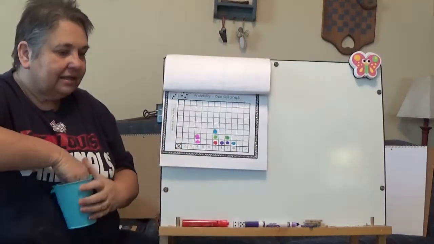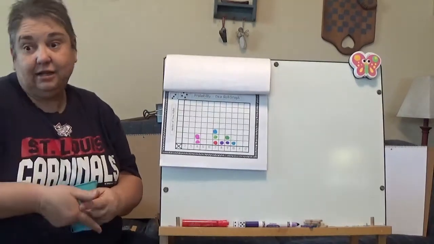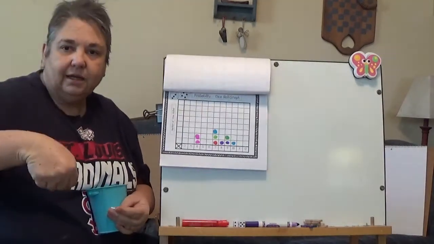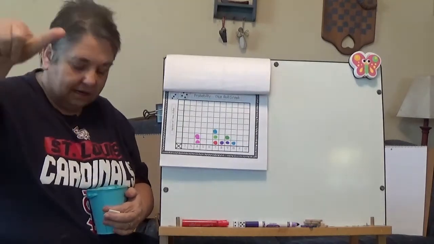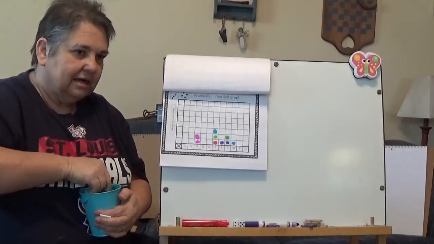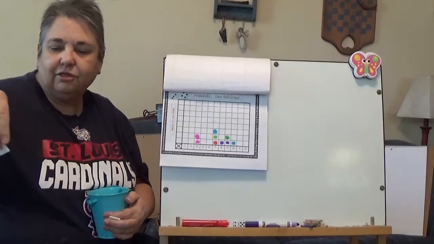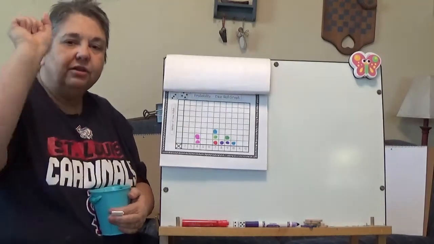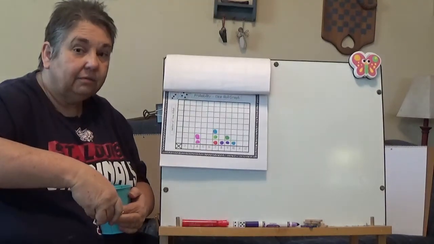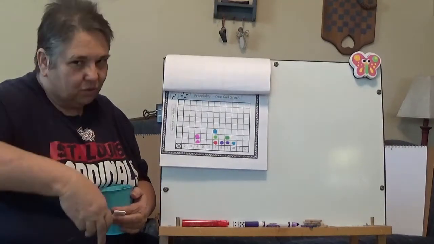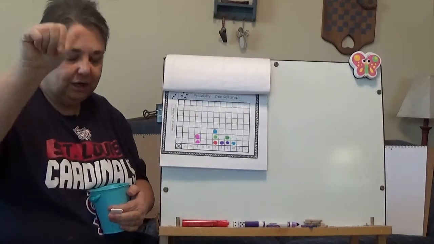Let's knock these numbers. Knock 93. 93, 94, 95, 96, 97, 98. Knock 37. 37, 38, 39, 40, 41, 42.